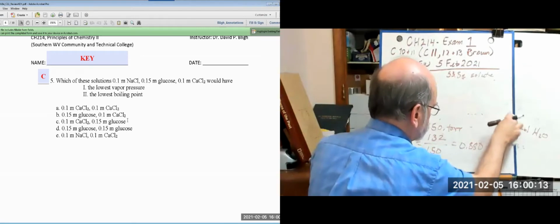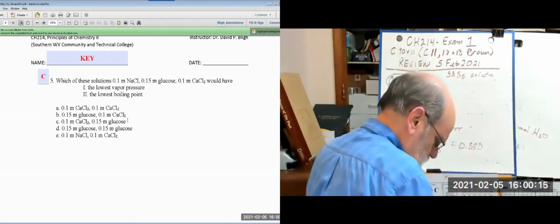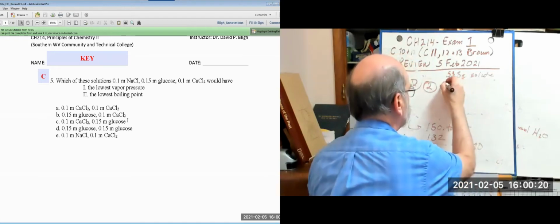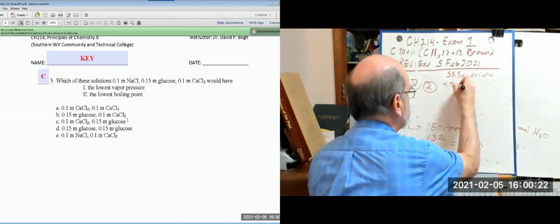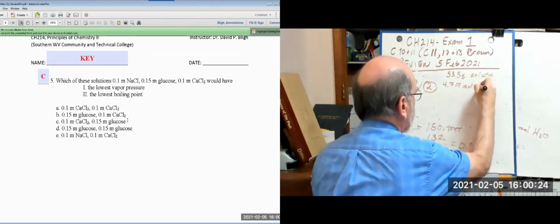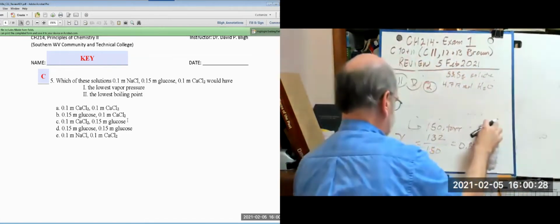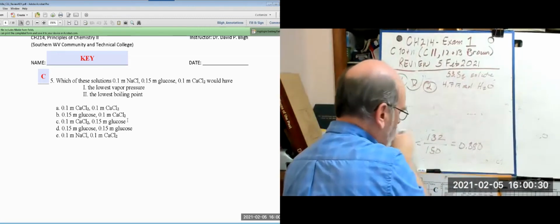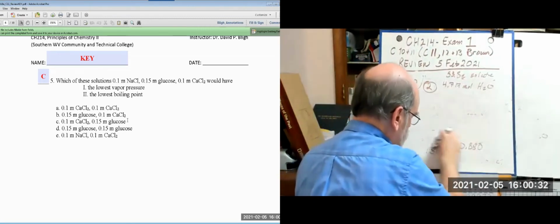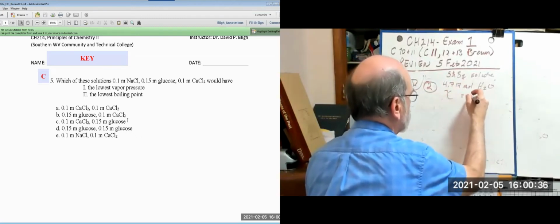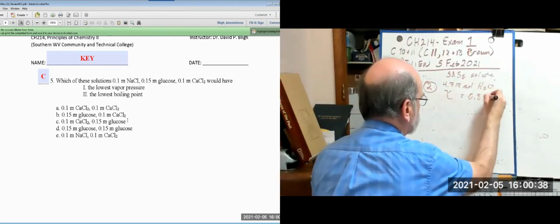Oops, I erased something important. 4.717 moles of water. There we go. And mole fraction of water equals 0.880.